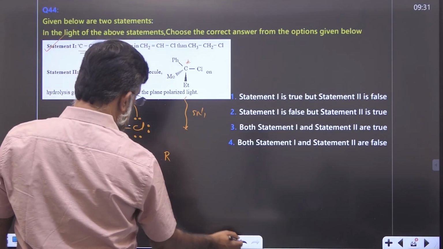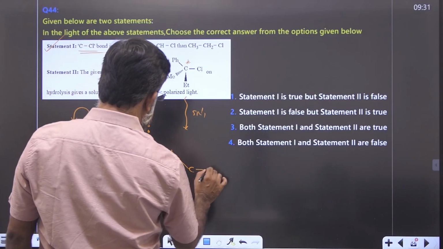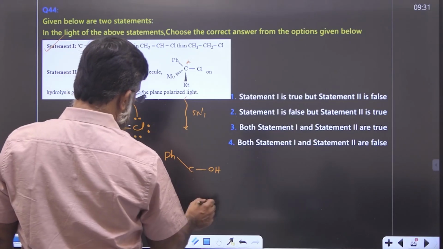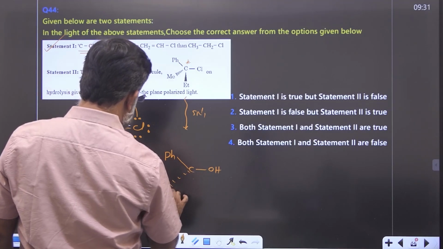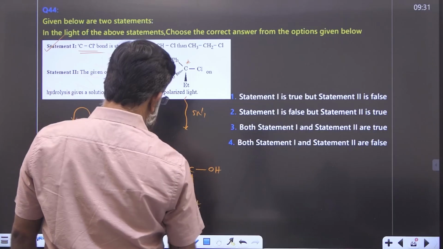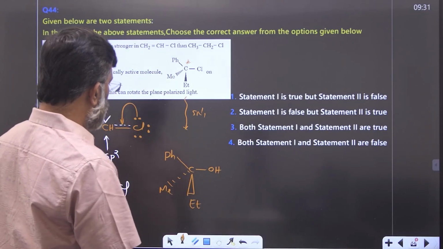You get Ph, C, OH, and here you have Me and Et. This is the retention product, and there will be an opposite molecule.